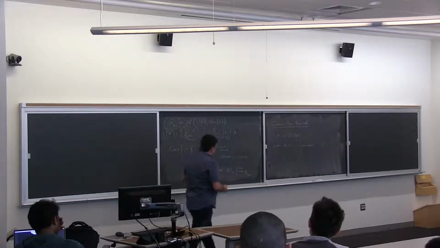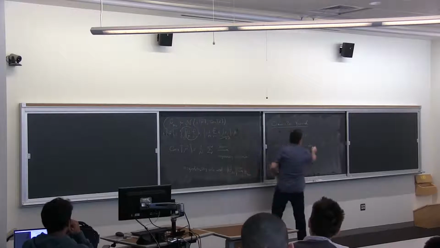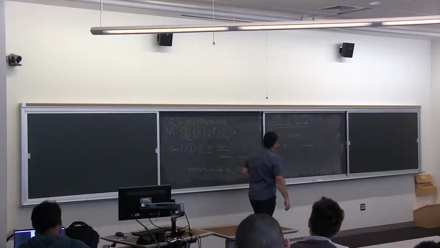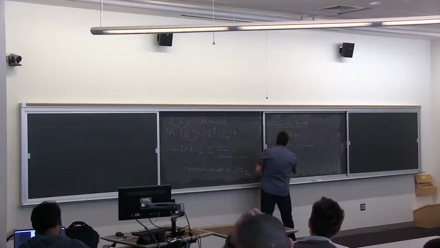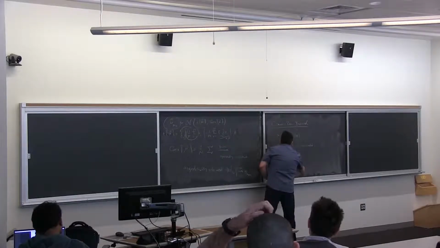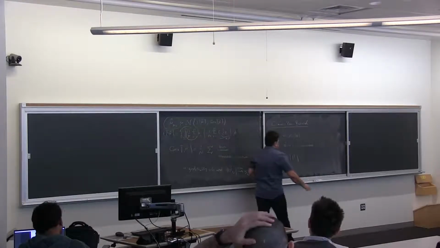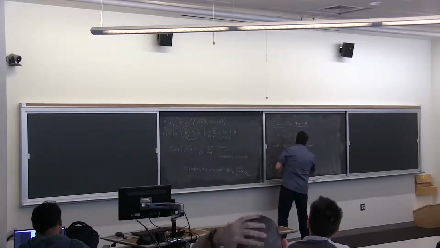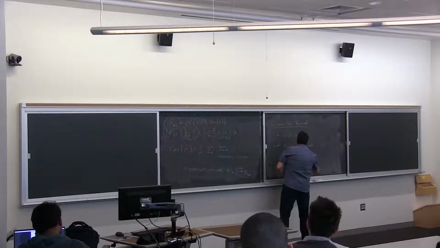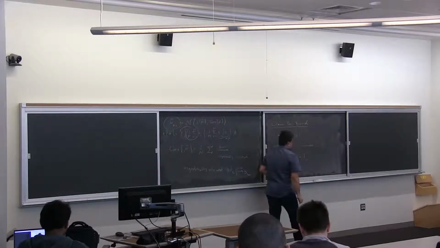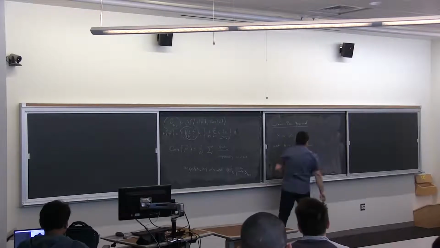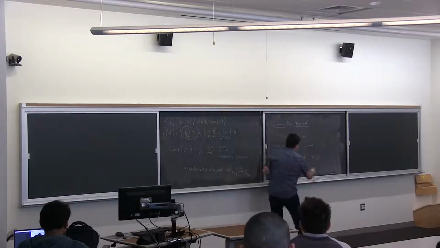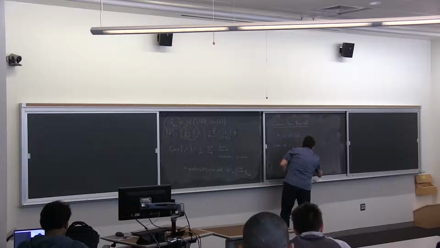This is any unbiased estimator; there are infinitely many possible unbiased estimators. Then the covariance of this unbiased estimator, minus the Fisher information matrix inverse, is always positive semi-definite.